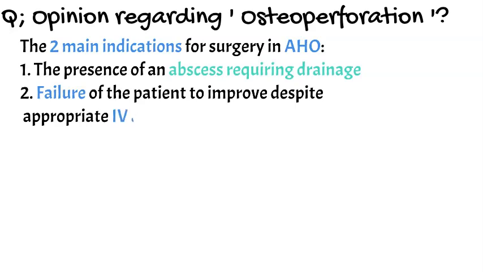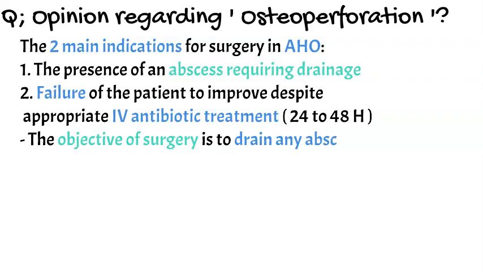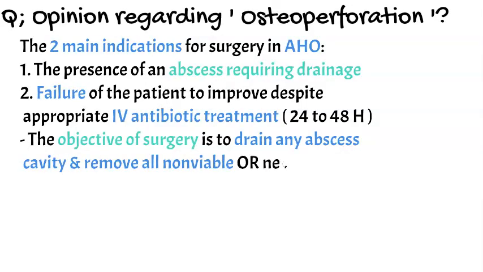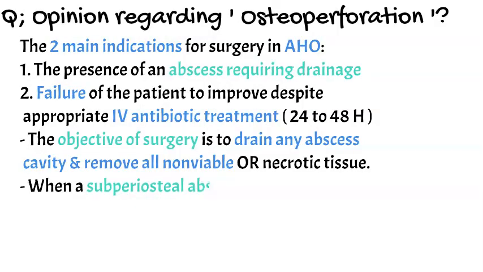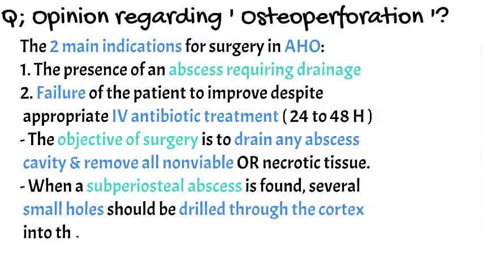Failure of the patient to improve or respond despite appropriate intravenous antibiotic treatment after around 24 to 48 hours. The objective of surgery is to drain any abscess cavity and remove all the non-viable or necrotic tissue.